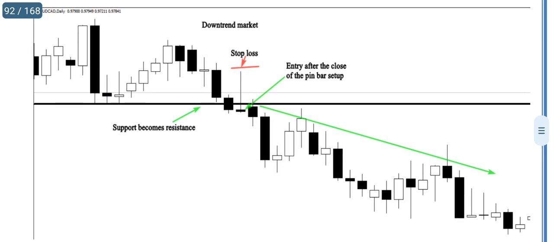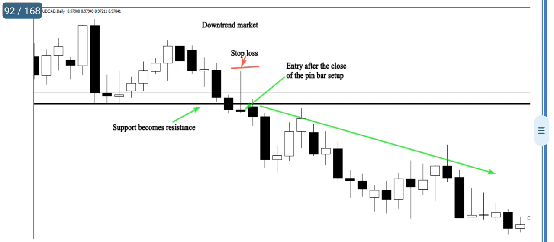And this can be illustrated as you can observe. We have our support level, and in this case, this is a downtrend market, and we are having a penny bar forming after a pullback.